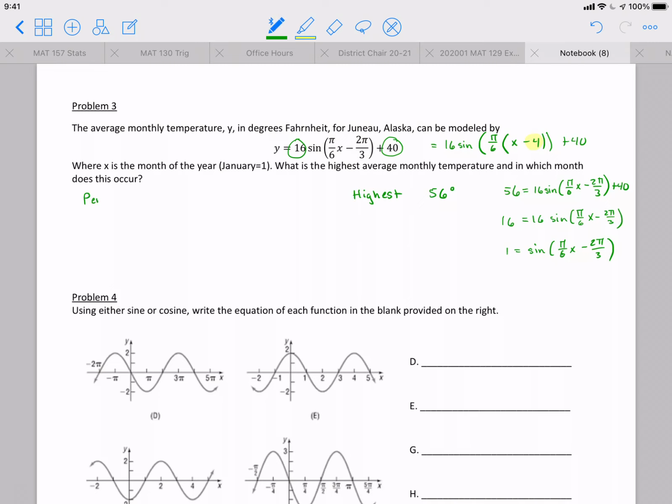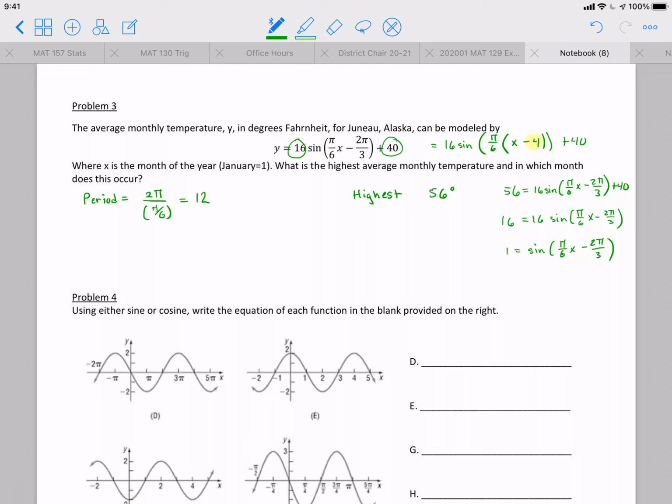So the period is actually what? 2 pi over b, which is 2 pi over pi over 6. So that's 12, right? Which makes sense. The period's a year, 12 months. And then the minus 4 is actually a shift of plus 4.